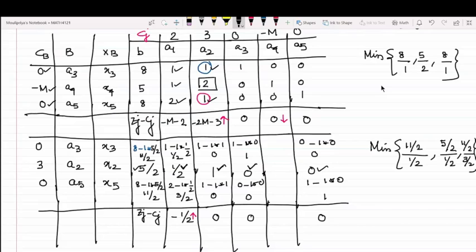Am I right with this? What did we do? This divided by this, divided by this, and finally this number divided by this number. So tell me which one is giving us the minimum most value?